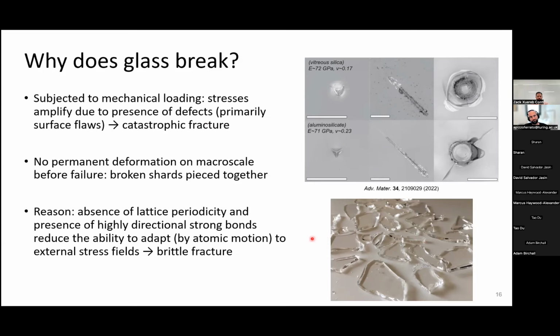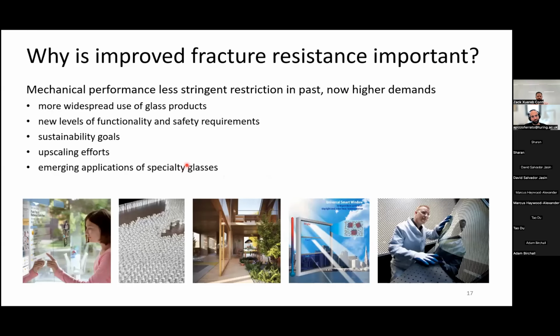So of course we want to understand this and we want to design these structures to have improved performance. So why do we want that? Mechanical performance has always been critical, but now, like other properties, there are higher and higher demands. There is more widespread use of glass products in other types of applications.